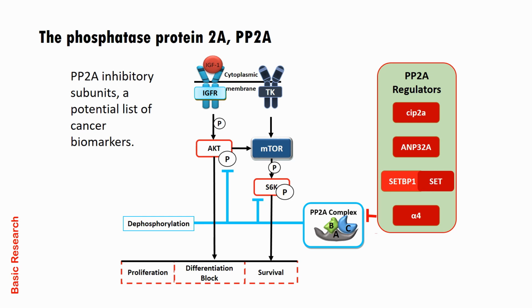In this case, I'm showing that the targets are the PI3K AKT mTOR pathway, and they dephosphorylate these targets. Now, when the complex is inhibited, this signal transduction is sustained and promotes survival, proliferation, and also differentiation block.